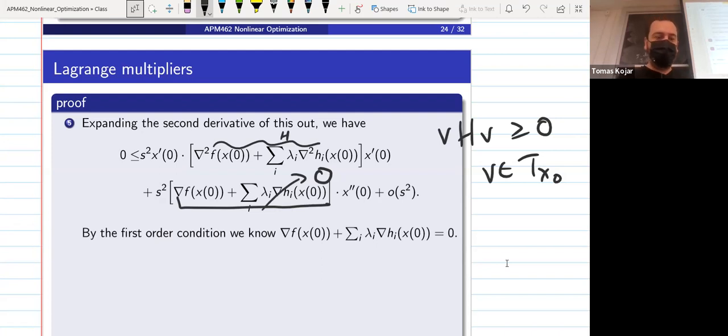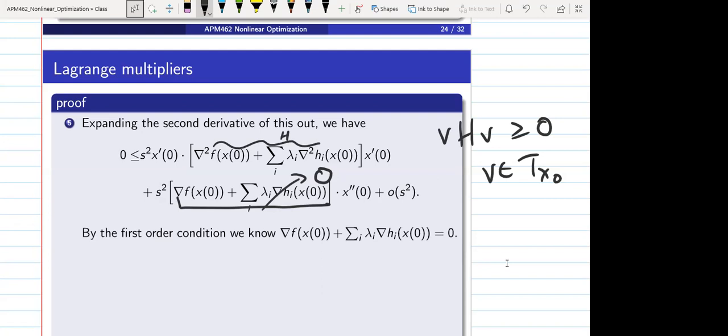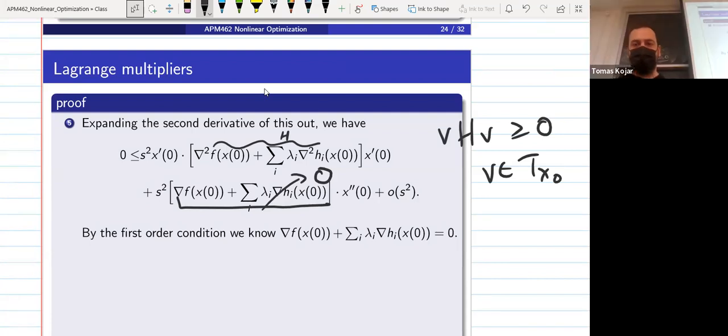Daniel, are you there? Yeah, I'm there. Is it because s squared is non-negative, and then we have the expression for positive definite? Yeah, but can you tell me how I get this for all v in the tangent space?